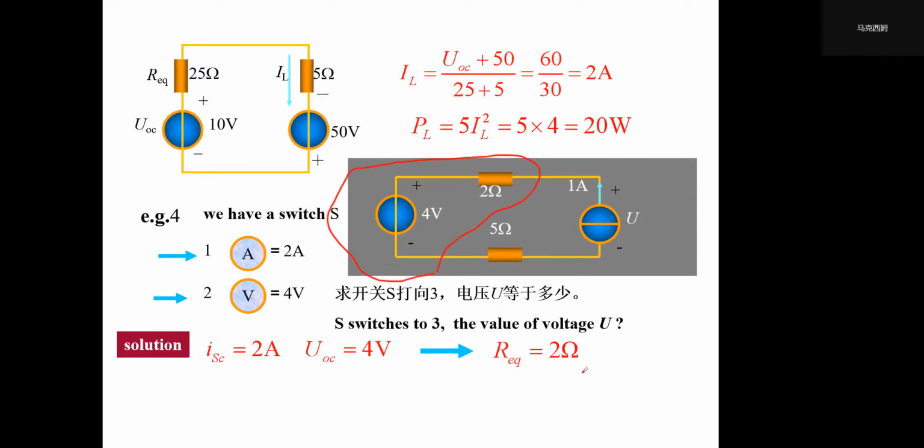This part is equivalent to a Thevenin system. So it's very easy to calculate the voltage U, since we already know the current is 1 ampere, and this one gets 1 times 2, which is 2 volts, and this one is 5 volts.